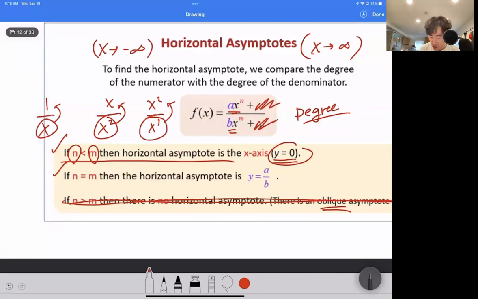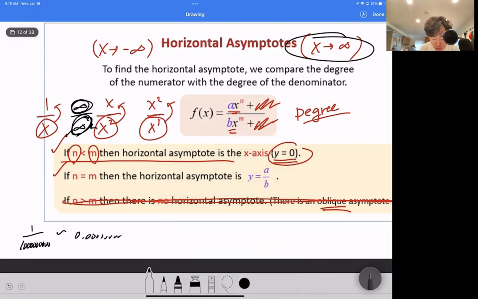Well, why is that? Because you are plugging in x as a very, very big number. If x is, let's say, infinity, you plug infinity in here. That's infinity over infinity squared. Infinity squared is such a large number that if you take a small number divided by a very, very big number, for example 1 divided by 10 billion, that approximates to 0.00000 and so on.